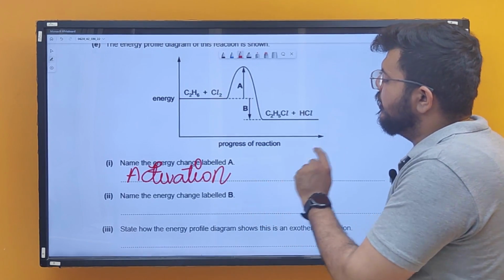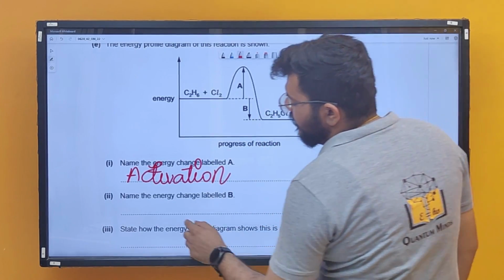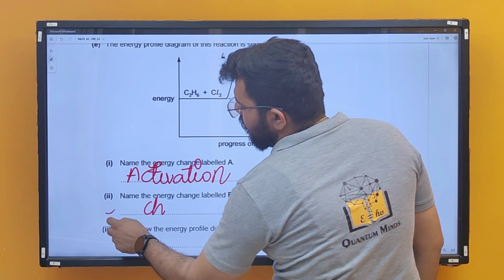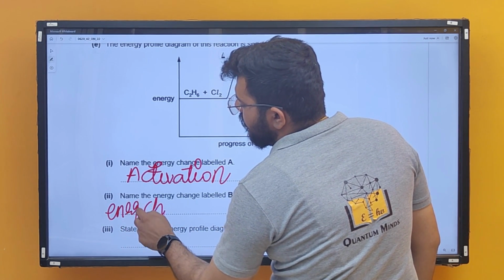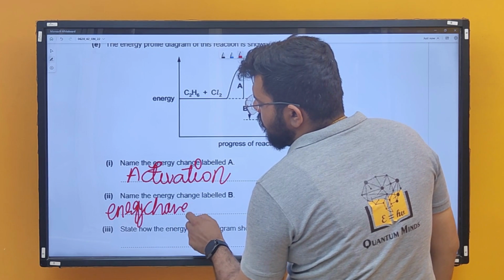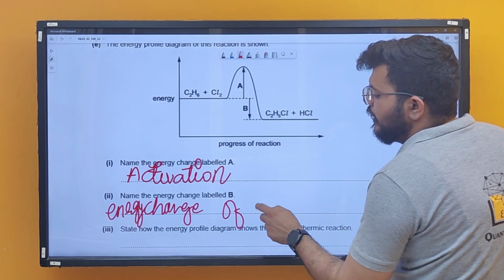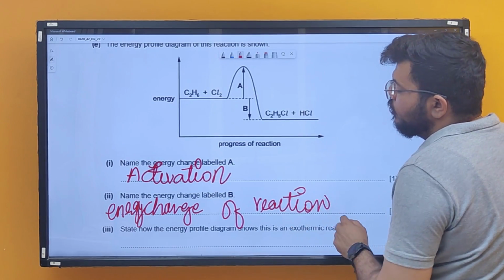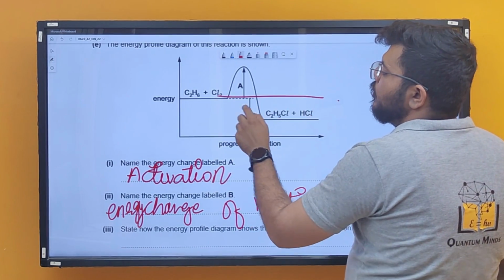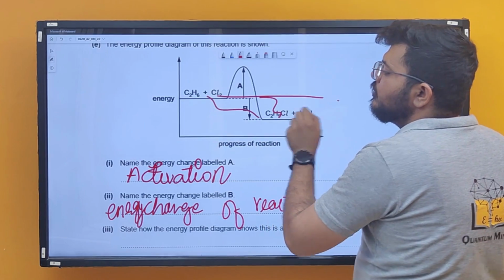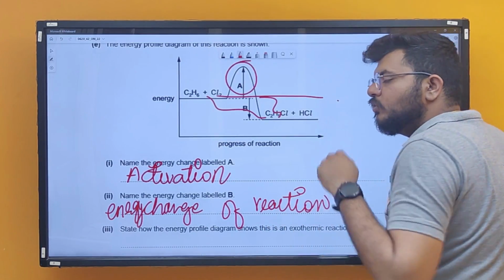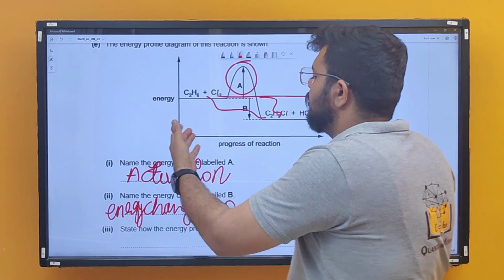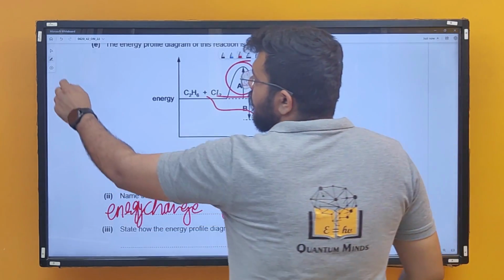Name the energy change labeled B. B is the energy change of reaction. So I'll write energy change of reaction. Why is this the energy change of reaction and not the total of A and B? Because the energy is changing only this much. This we have to give to the reactants so they start reacting.